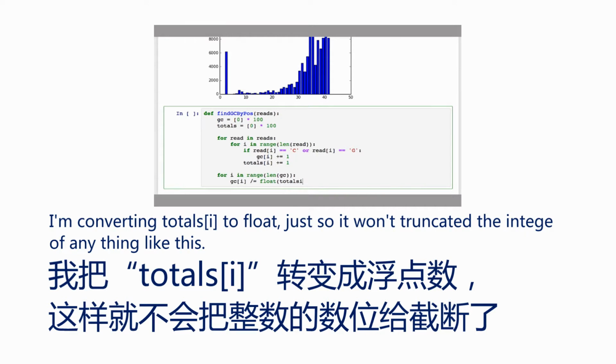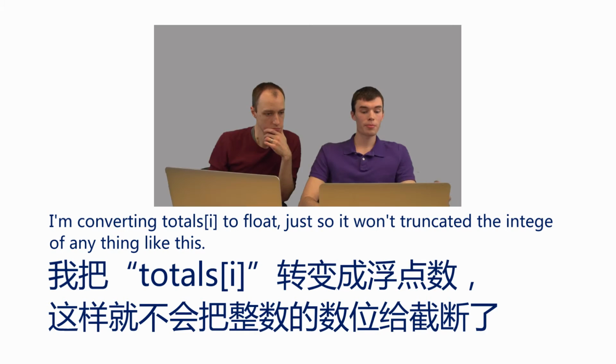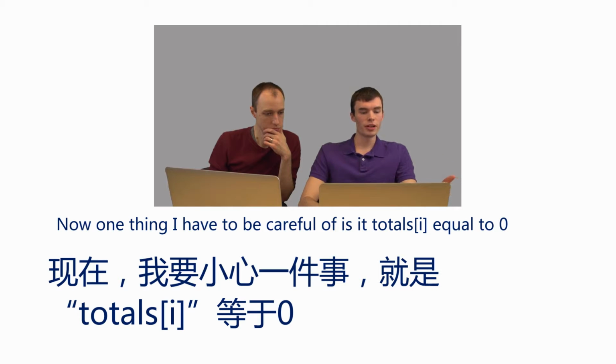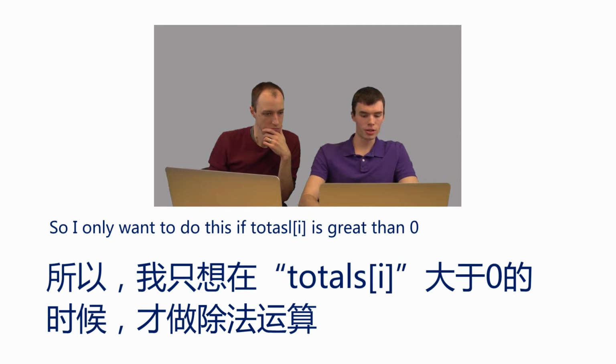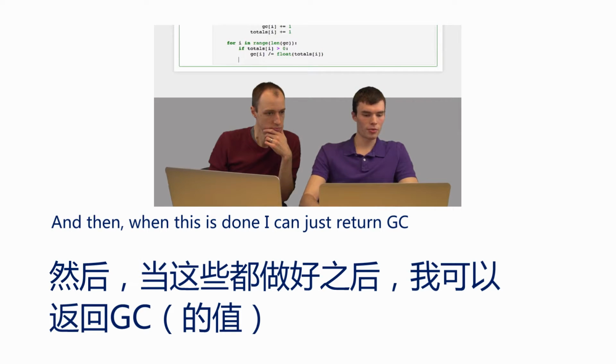I'm converting totals[i] to a float just so it won't truncate the integers. Now one thing I have to be careful of is if totals[i] is equal to 0, I'm going to get a divide by 0 error. So I only want to do this if totals[i] is greater than 0. And then when this is done, I can just return GC.